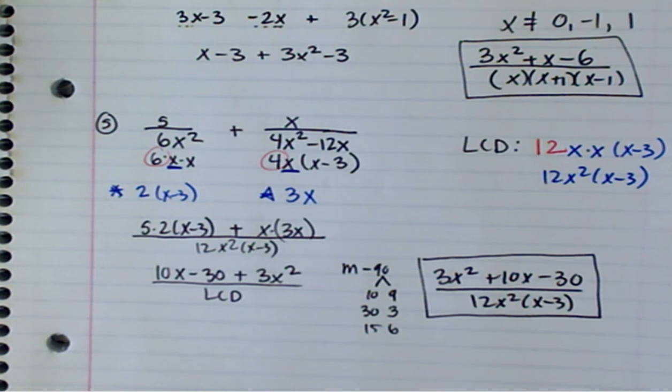Worksheet 12 is in your packet. I would suggest you go one from every row because there's different types of problems. And we'll go from there.